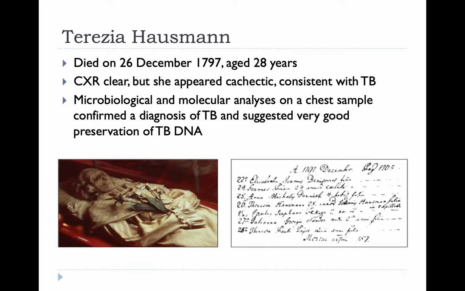And that is consistent with TB. And the previous analyses that Helen Donoghue and Mark Spigelman and so forth had done on the sample had confirmed that it looked like TB, and it suggested very good preservation of TB DNA.